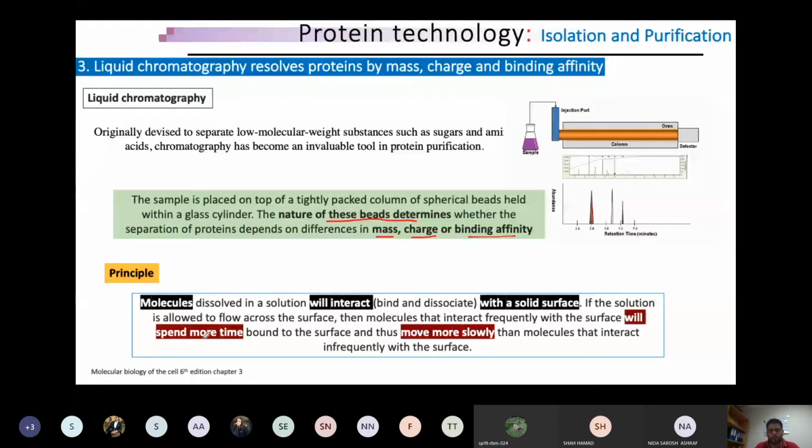As soon as you flush this column with some liquid, some buffer, they will slowly be released. Because they are interacting, there are molecules which interact less and molecules which interact more. Those molecules which interact more will spend more time on the column. They will stay on the column for a longer time.